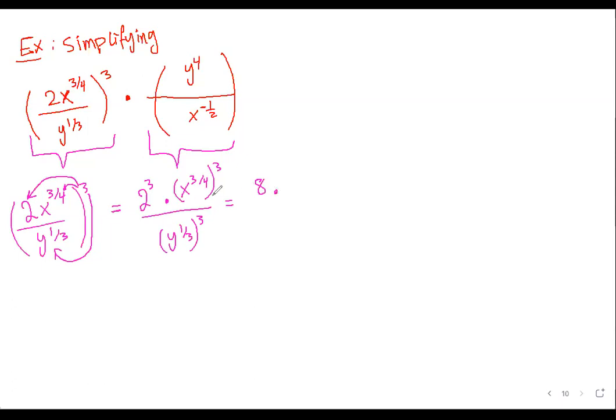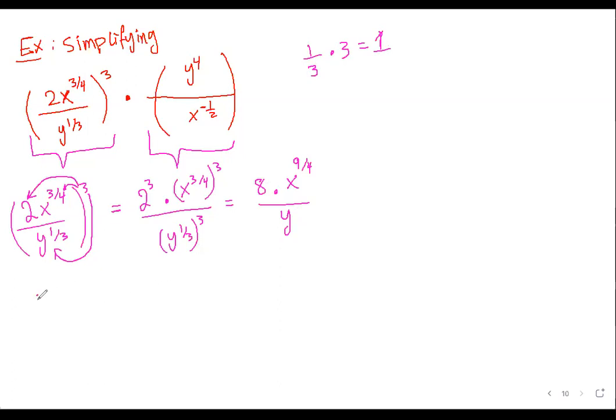And here x, he said 9 over 4. Yeah, this is true. And here y to the 1 over 3 times 3 is y, exactly. Why? Because 1 over 3 times 3 gives me 1. So this is y to the power 1, and the same is y.